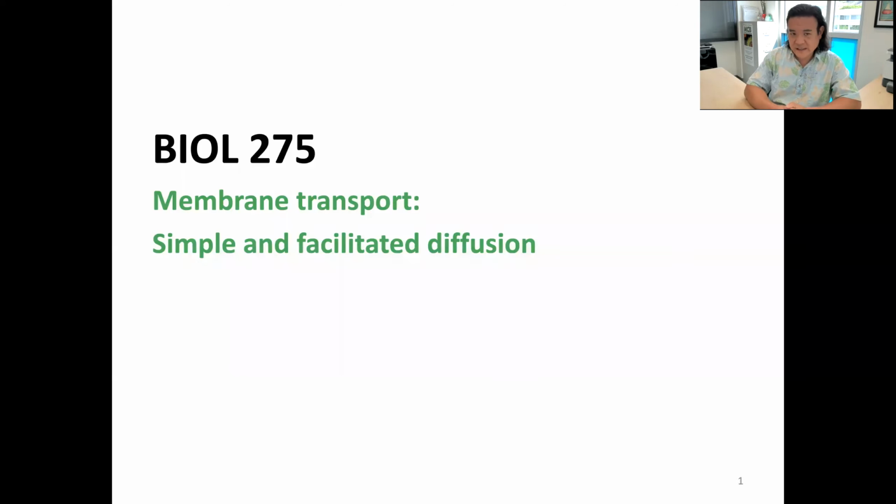And importantly, membranes are semi-permeable, meaning that membranes are not solid walls. They are permeable in the sense that things can move between them from one side to the other.